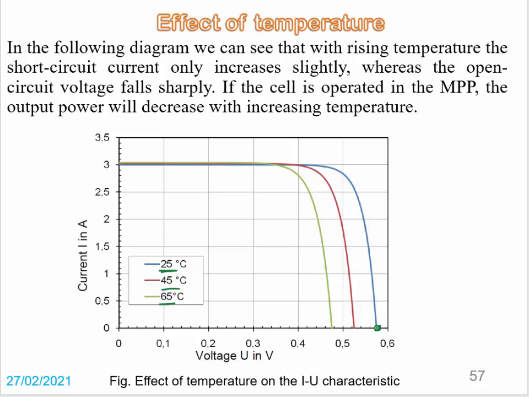At 25 Celsius we have the maximum open circuit voltage, and when the temperature increases from 25 to 45, you can see the maximum voltage decreases. Finally, at 65 Celsius we have the lowest open circuit DC voltage.